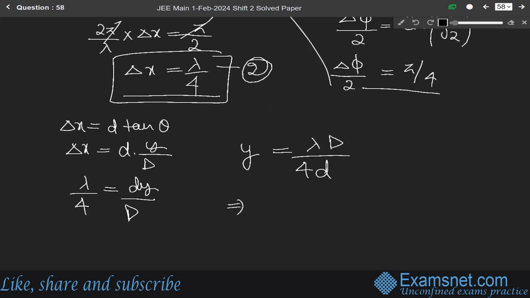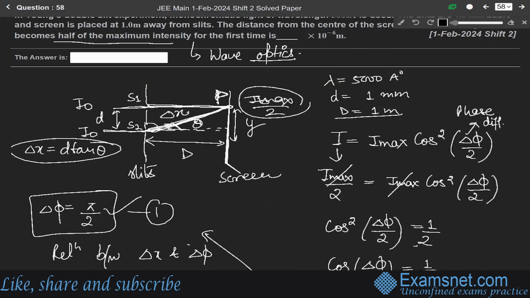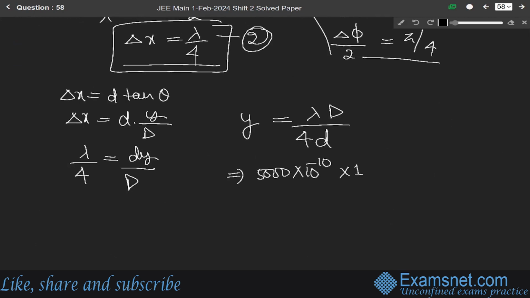Now putting the values, lambda is 5000 angstrom, means 5000 into 10 to the power minus 10, and this capital D is 1 meter, small d is 1 millimeter, means 1 into 10 to the power minus 3.